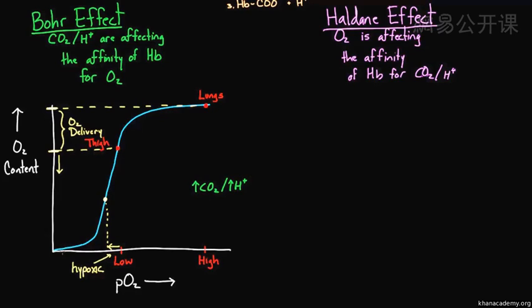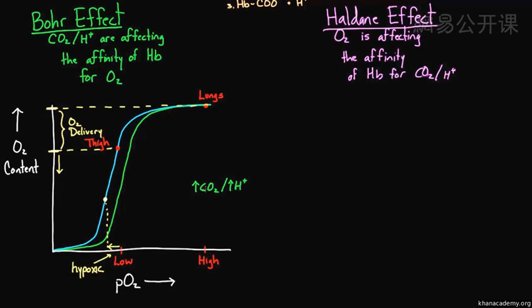So if I was to sketch out another curve, initially, it's going to be even less impressive, with less oxygen bound to hemoglobin. And eventually, once the concentration of oxygen rises enough, it will start going up, and it does bind hemoglobin eventually. So it's not like it'll never bind hemoglobin in the presence of carbon dioxide and protons, but it takes longer. And so the entire curve looks shifted over.